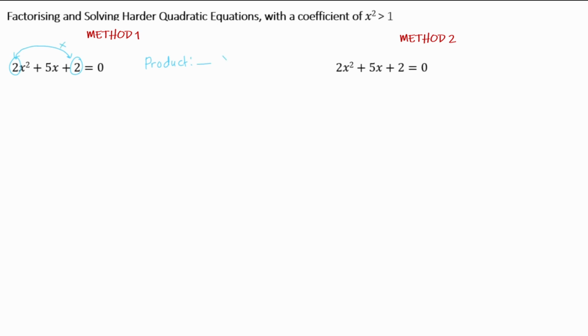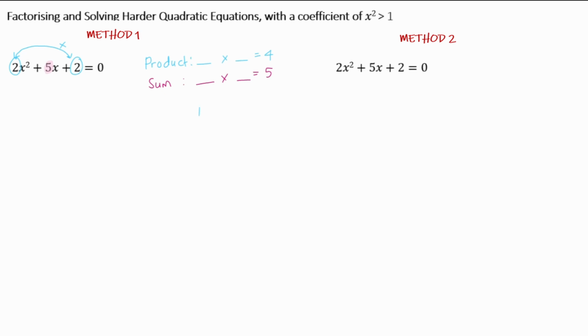So we are looking for a product of 4, and those same two numbers should add to give us a sum of 5. The only difference now is that we are looking for a product not just of our c term, which is the number term, but we are multiplying the number with the coefficient of x squared.